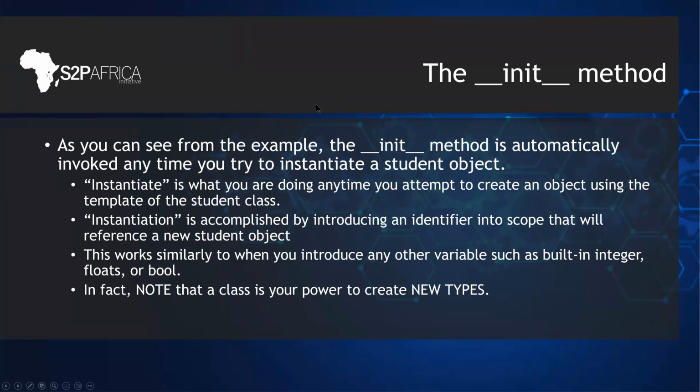As you can see from the example, there is a method in every class called the dunder init. I say dunder init, that is double underline init. I heard that from somebody who teaches on the web. The init method is not just init. It has double underscore before init and then double underscore after.